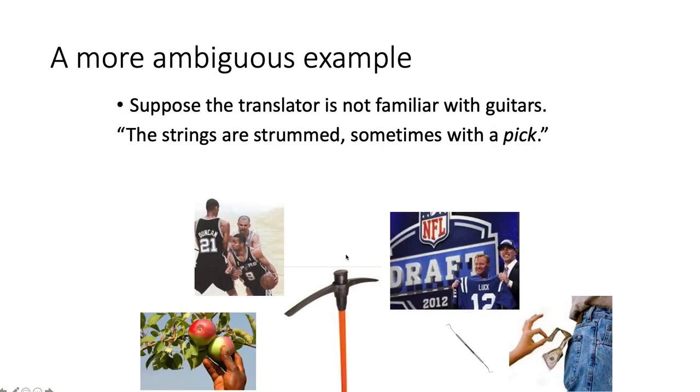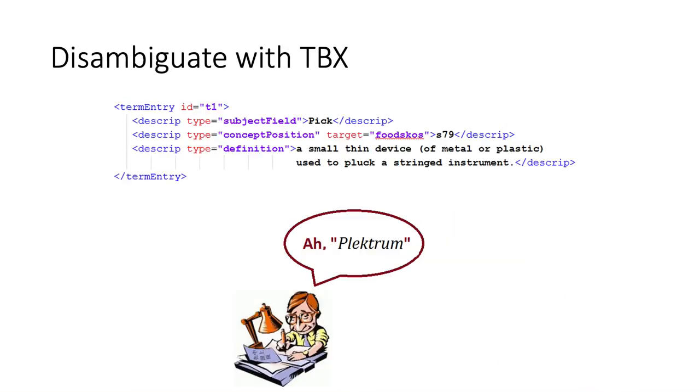And again, remember we had this rather more ambiguous example where we talk about somebody who may not be familiar with guitars and sees a sentence called "the strings are strummed sometimes with a pick," and we need to disambiguate all of these different ways that pick can be, the different contexts for pick.